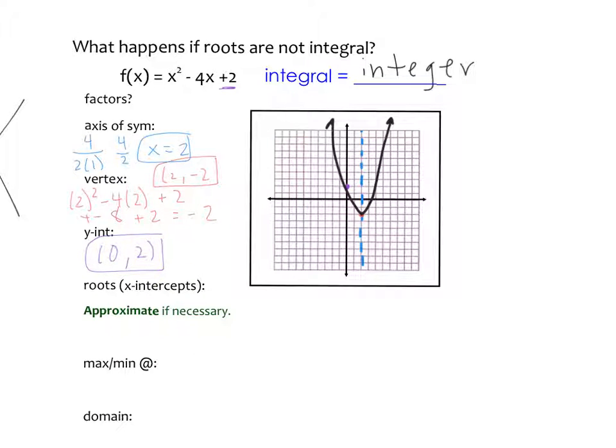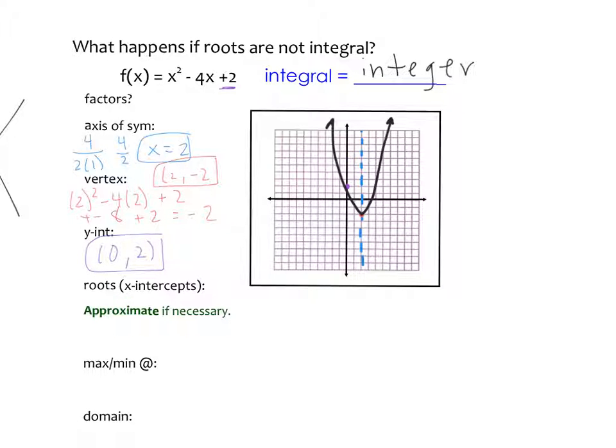Okay, so I've graphed my y-intercept, vertex, and axis of symmetry on my graph over at the right. Now, my parabola crosses the x-axis twice, so I have 2 solutions. However, I was unable to factor this quadratic to find my actual integer factor answers.